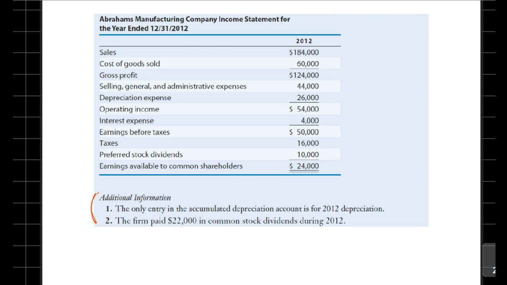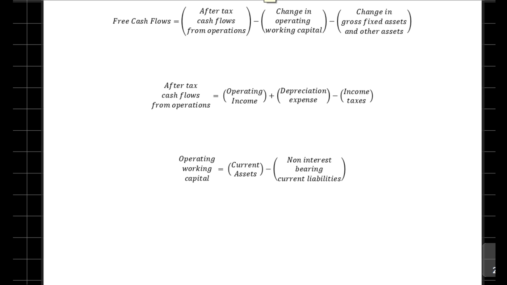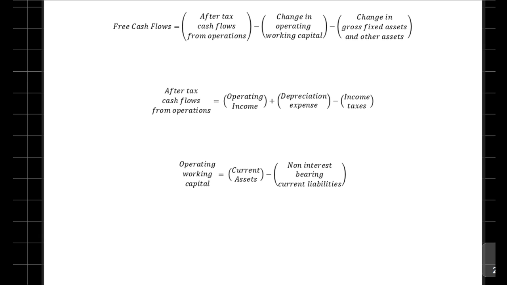Okay, so let's recall the formulas for free cash flows. Free cash flows consist of three parts. The first one is after-tax cash flows from operations, and by itself this one has its own definition, so we need to come up with all these figures. Then the second part is the change in operating working capital, and I went ahead and created the formula here.